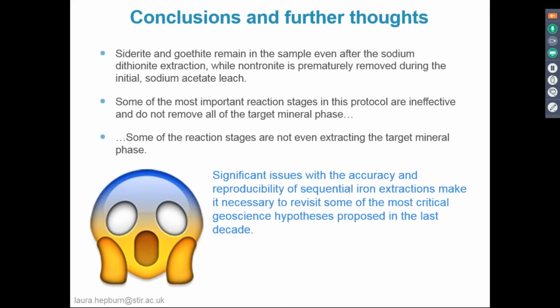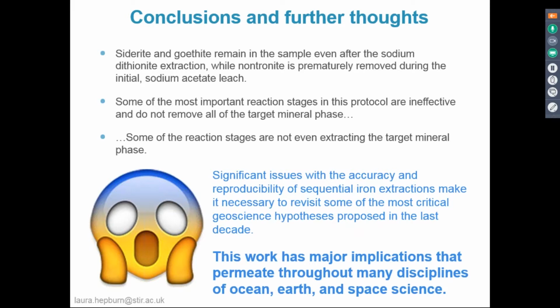This highlights significant issues with the accuracy and the reproducibility of these sequential extraction procedures, and it makes it necessary to revisit some of the most critical hypotheses that have been developed based on these techniques over the last decade in ocean and earth science. And it has major interdisciplinary implications as well. Thank you very much. Can I take any questions?